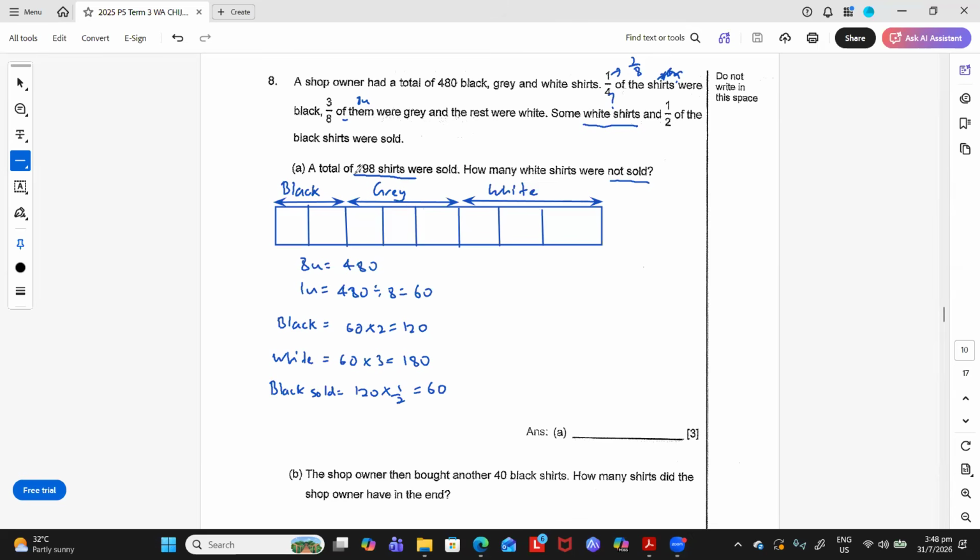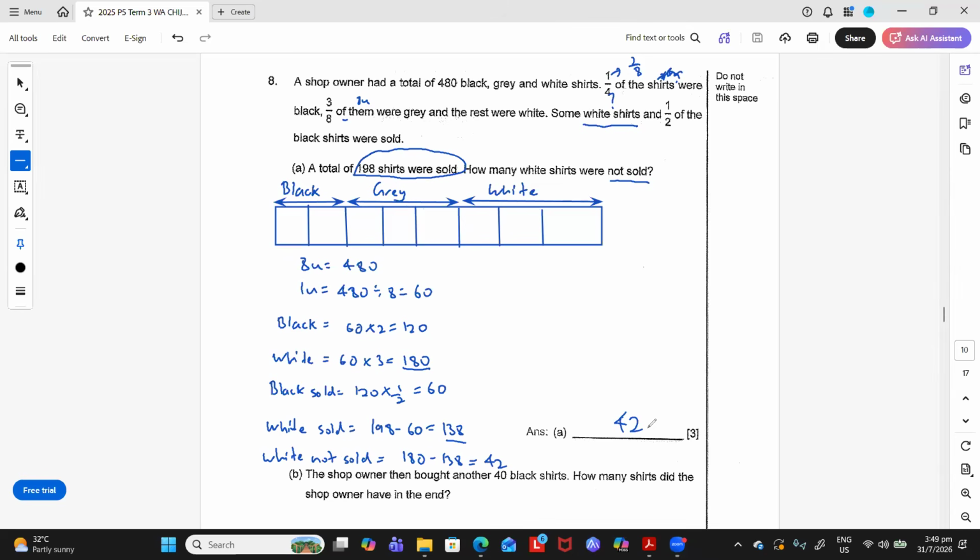So in part A, you tell you 198 shirts were sold, right? If 60 of them were black, white would be, so write down white sold will be 198 minus 60, which is 138. So white not sold will be, just take total of white minus 138. You will get 42. The answer is 42.